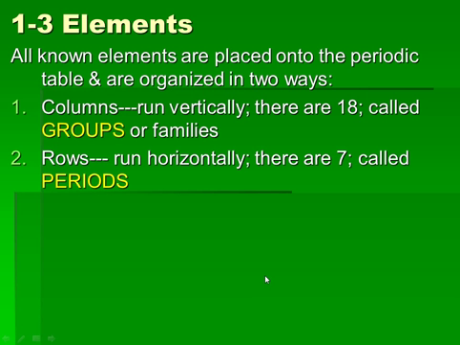They have the same kind of chemical properties. The rows just help you know things about where the electrons are in the structure of the atom. And we'll get to that when we get to chapter 3 or 4.